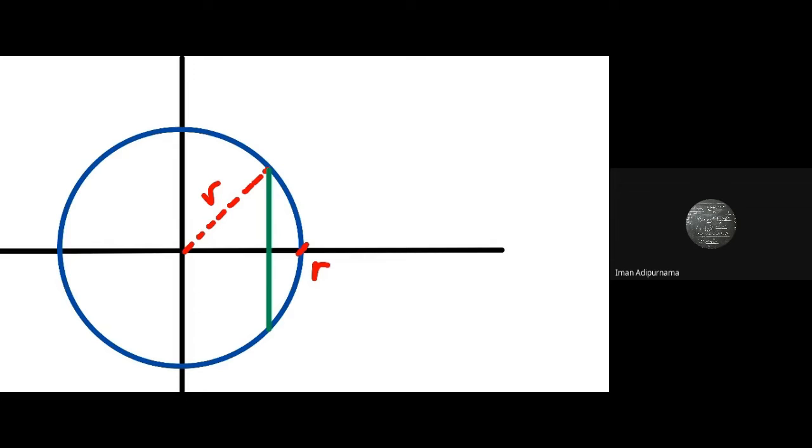And from here, I will get the cross section. Let's say the cross section is this one. So you have a circle here. When you have a ball and you cut it, you have a circle. So imagine you are cutting the sphere into circular cross sections.